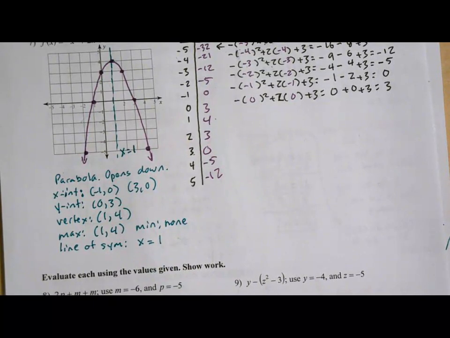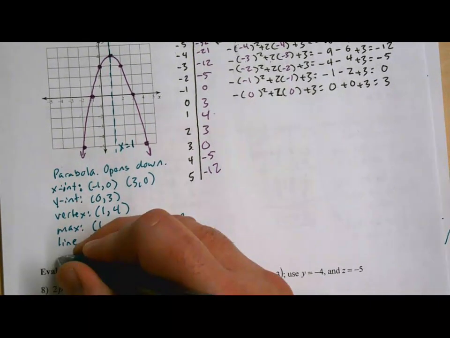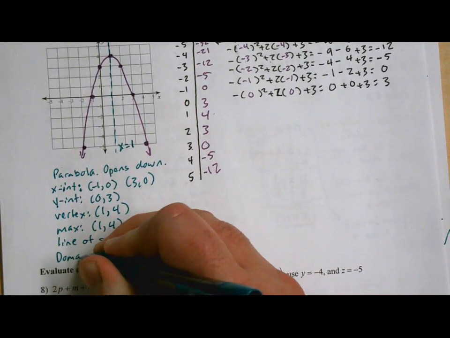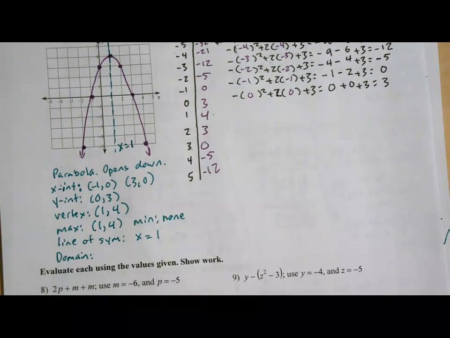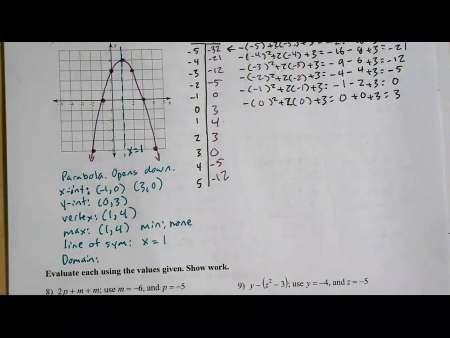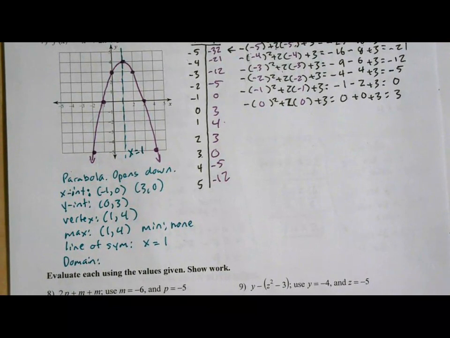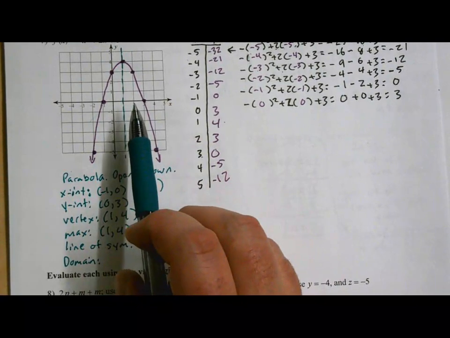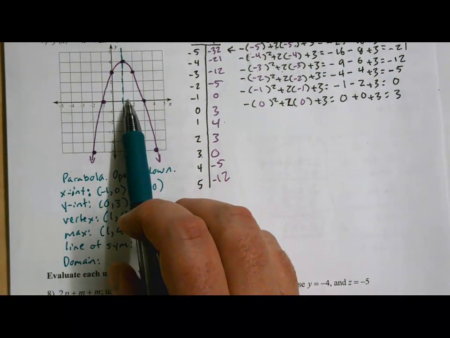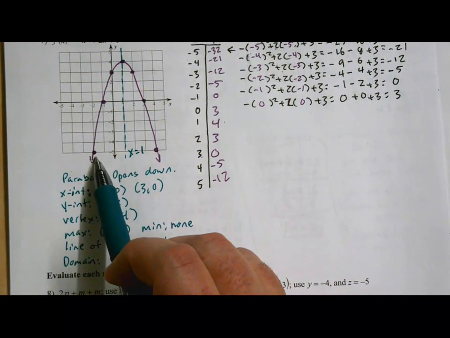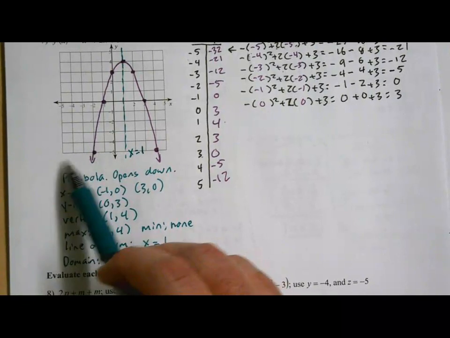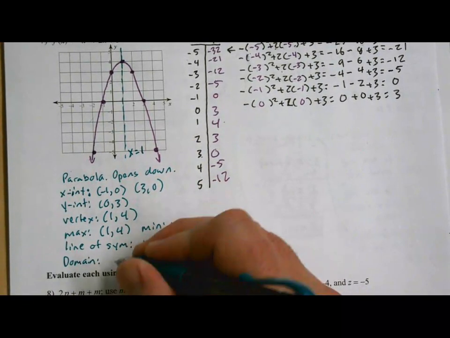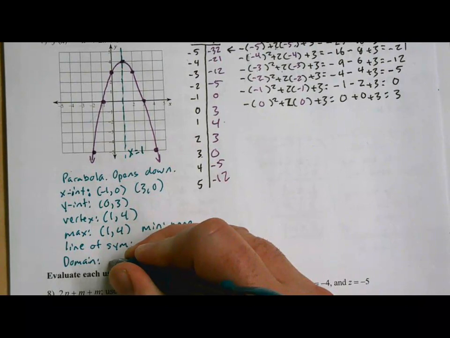We could talk about the domain and range of this graph. Let's talk about the domain. So the domain tells you how far the graph goes left and right, how far in the x direction, and x goes left and right. So 2 questions. How far does the graph go to the left? Now this arrow is showing me that the graph is going to keep going to the left forever and ever and ever. So I'd say the furthest it goes to the left is negative infinity.